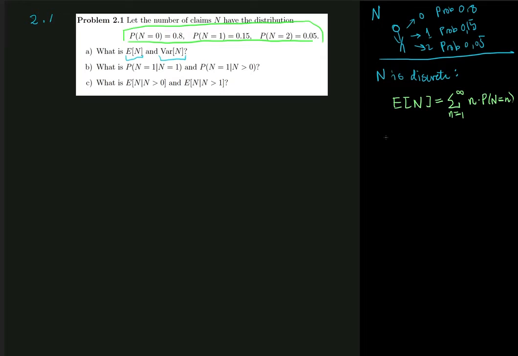So that's the mean. And the definition of variance, which holds both for discrete and continuous variables alike, is given by the second moment of n minus the square of the first moment of n.